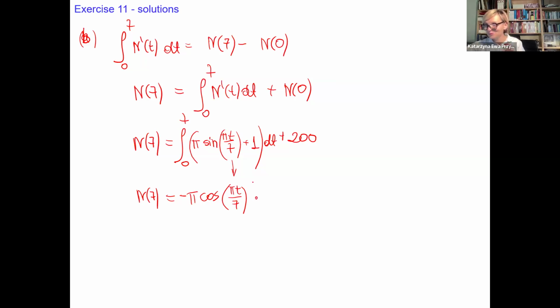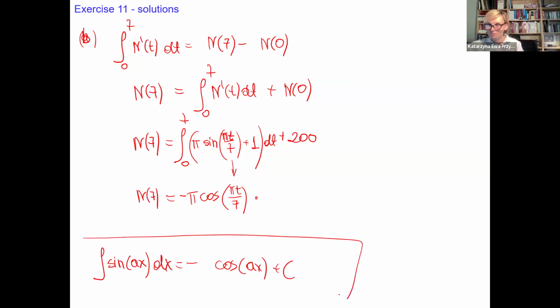Okay, and now do we remember what we can do with this quantity, pi over 7, the coefficient of the variable? Yesterday, you remember, sine of ax. We will say negative cosine of ax, and how is that a affecting the antiderivative? This is just the formula.